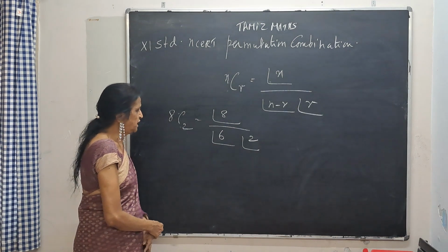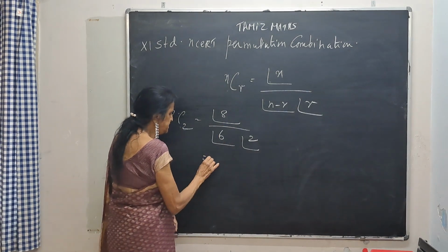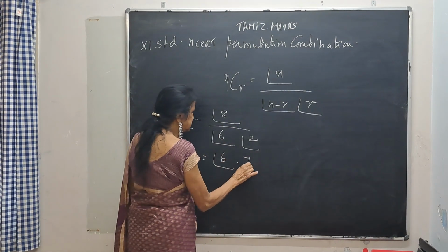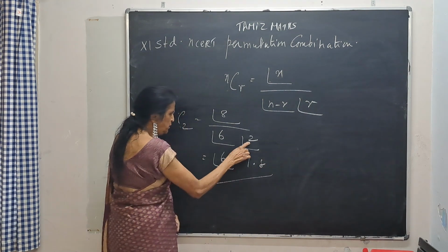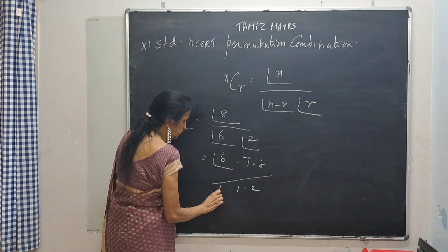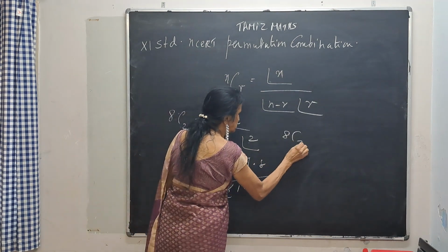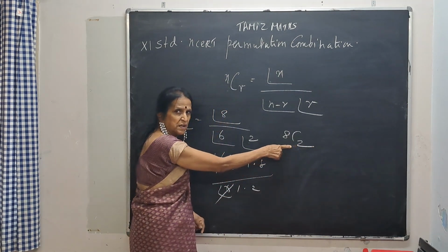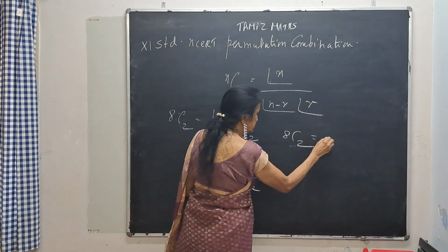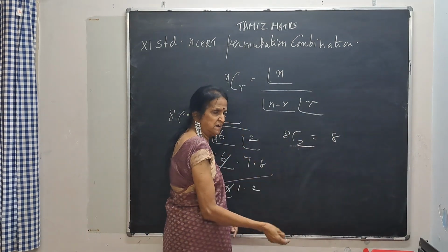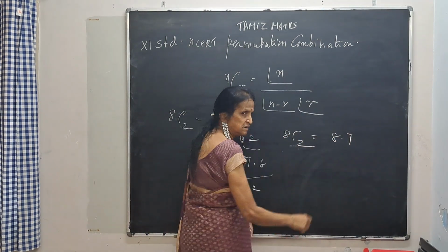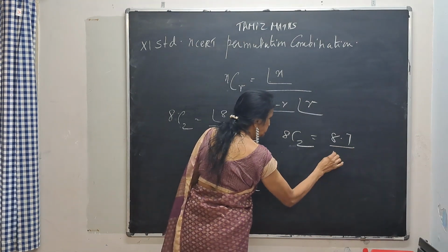The next way to write: factorial 8 can be written as factorial 6 into 7 into 8, by 1 into 2. And this factorial 6 will get cancelled. So for 8C2, start with 8, reduce it by 1, 7, by 1 into 2.